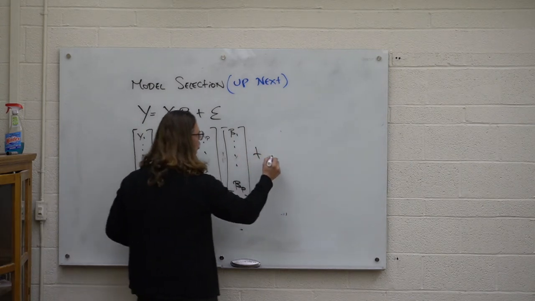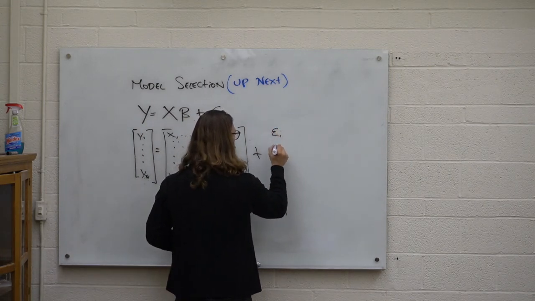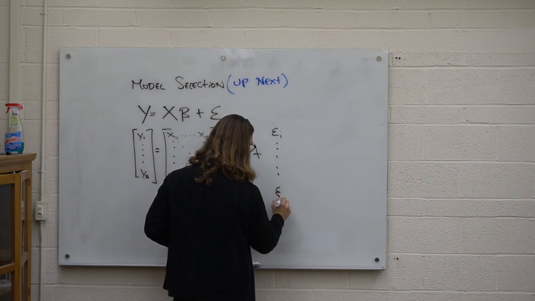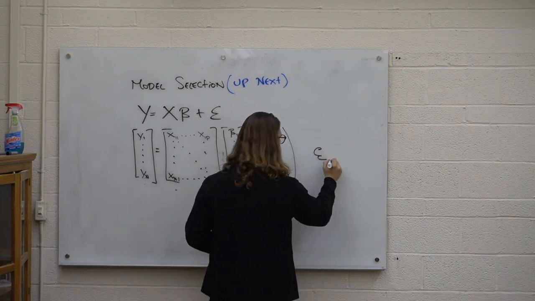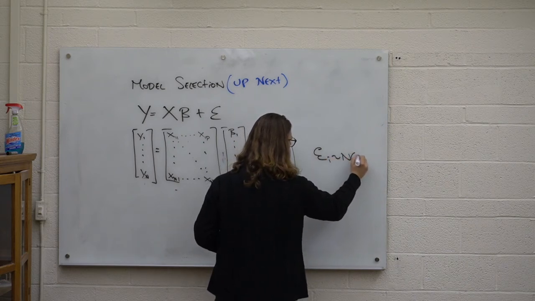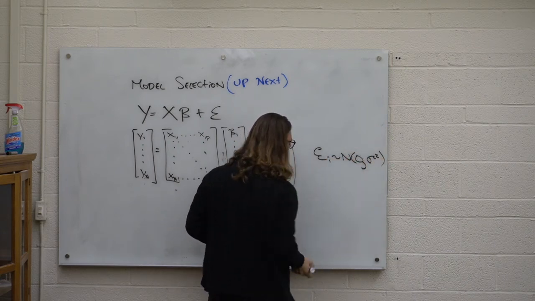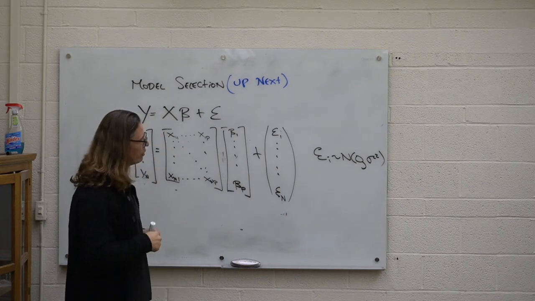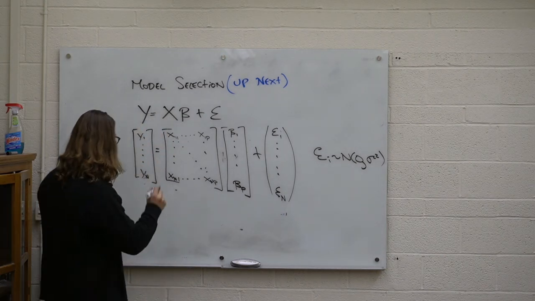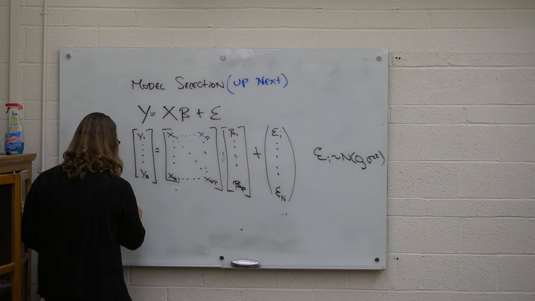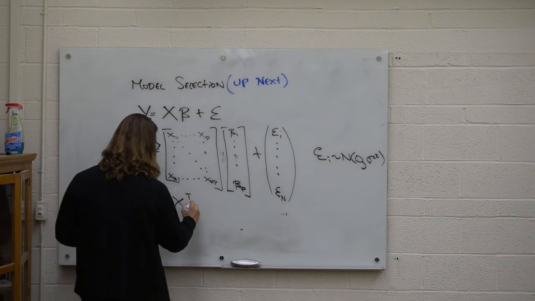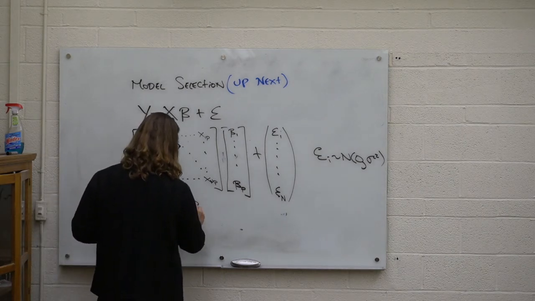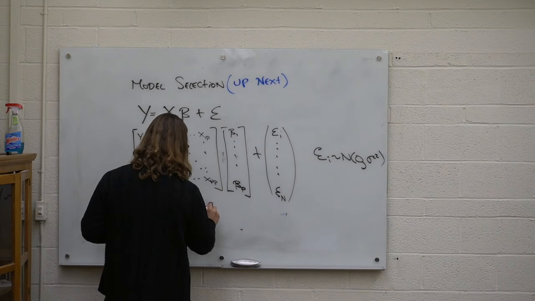And this is going to have some normal errors to it. Error 1 down to error n, where the error i's are normally distributed with mean 0 and variance sigma squared. And so the yi's are going to be normally distributed, and I'll write it out this way: xi transpose beta, sigma squared.